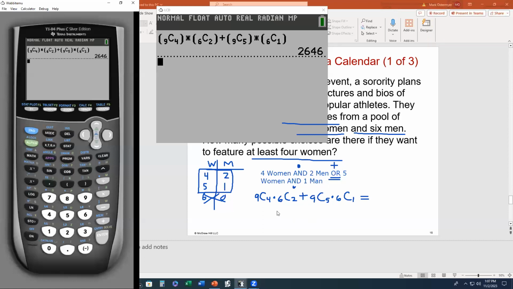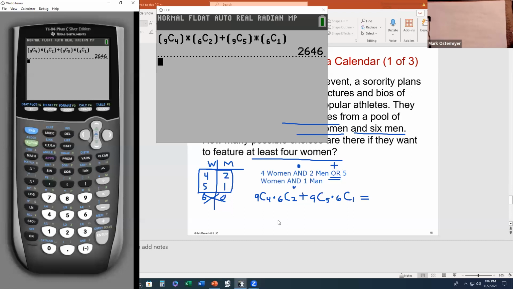Alrighty. I did something wrong. I didn't get that. Oh, maybe I did something wrong. Let me take a look here, make sure I typed it in correctly. Let's see, 9, 4, 6, 2, 9, 5, 6, 1. Yeah, looks like I got everything. There are 6 men, right? Yeah, okay. It looks like I typed it in right.